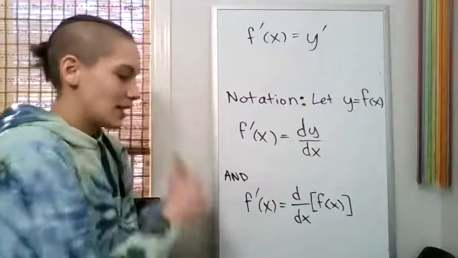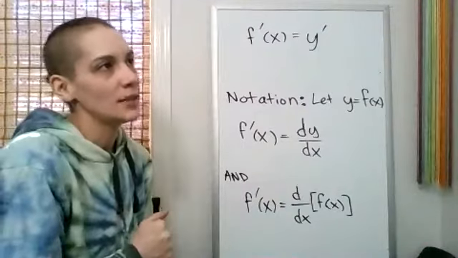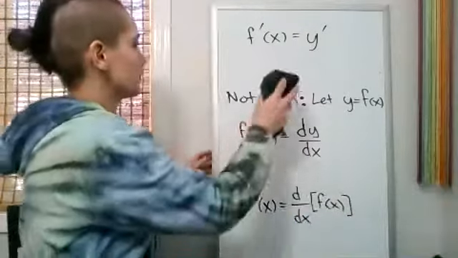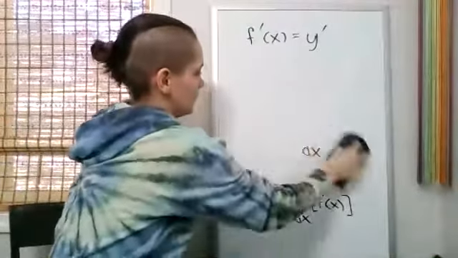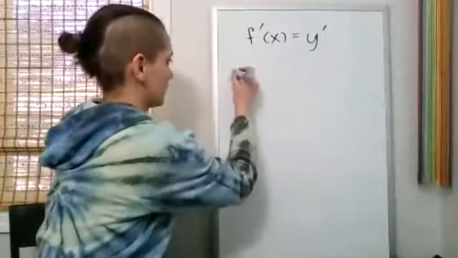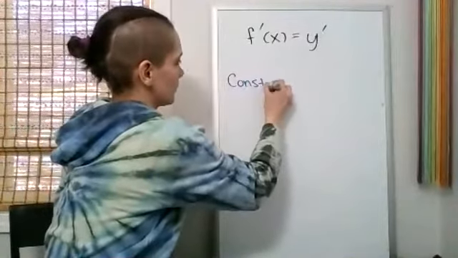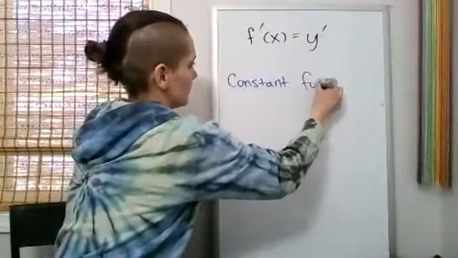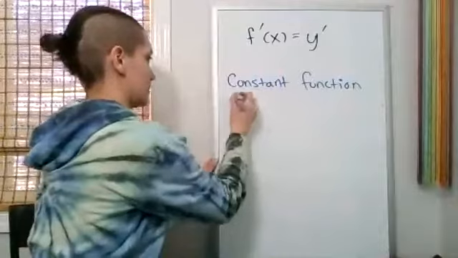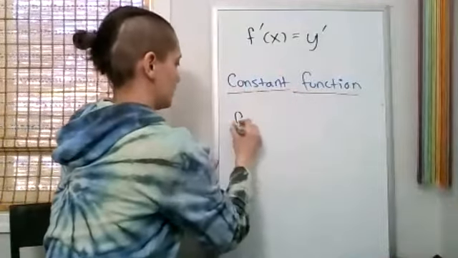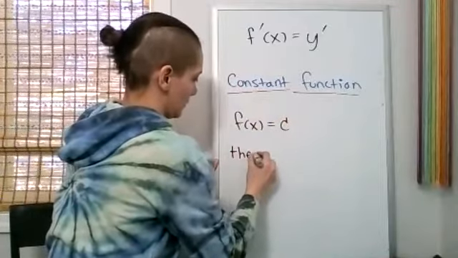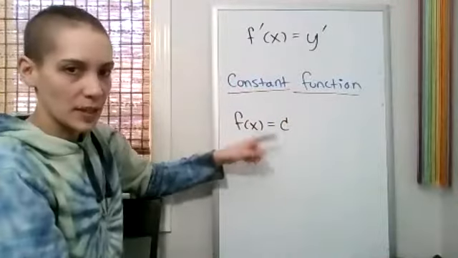Let's keep it simple. So a constant function is going to be our first rule. f of x is some number c.